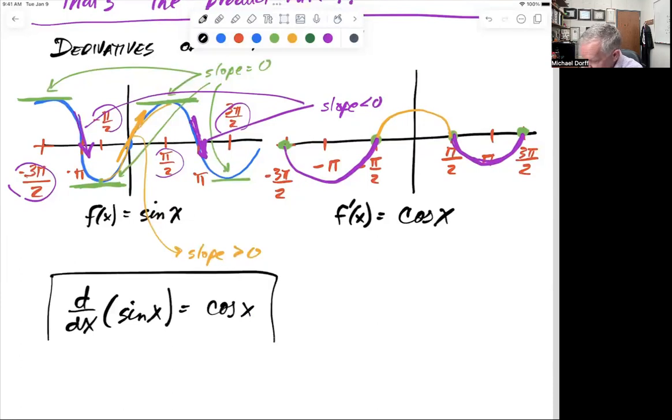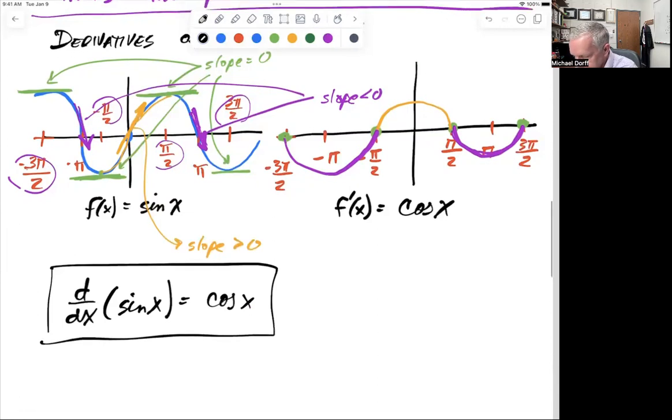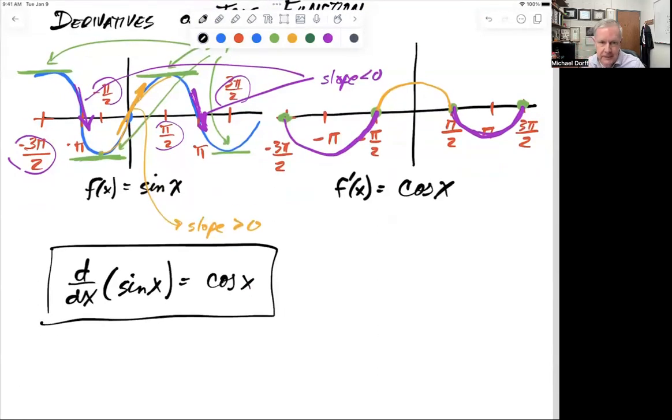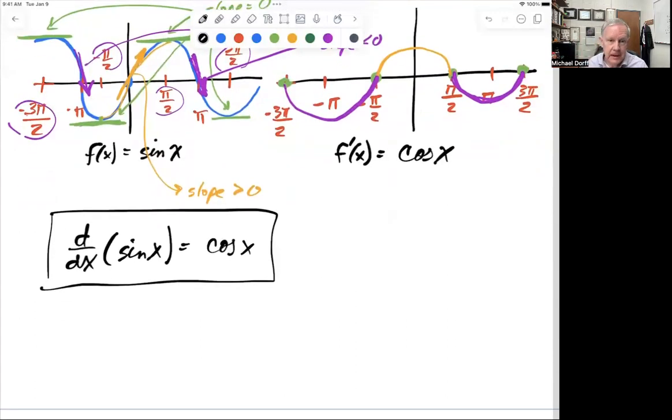Now, what we just demonstrated is not a proof of that fact, but just a geometric understanding of why it happens. Because we have a curve there, we can think of the derivative as the slope of the tangent line, and we can use that to get this result, or at least intuitively think that would be correct.